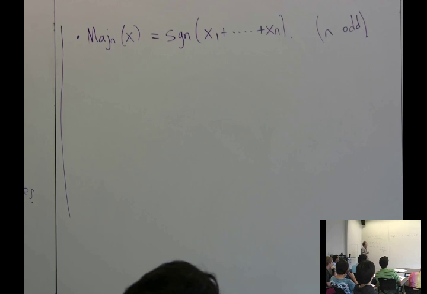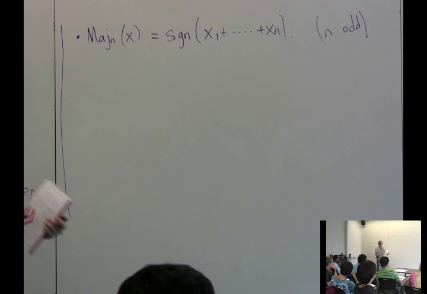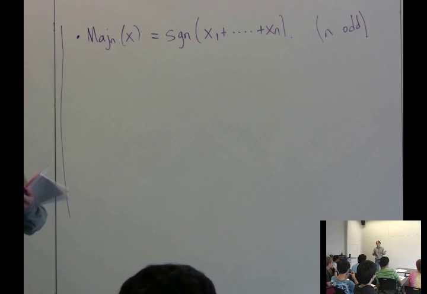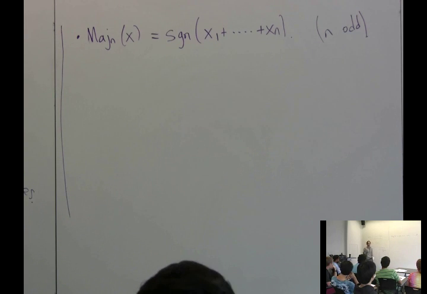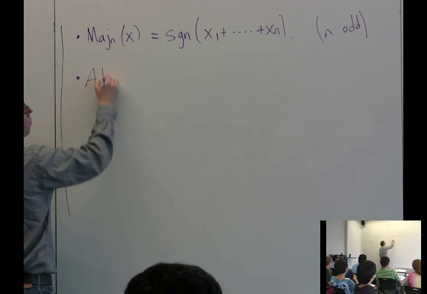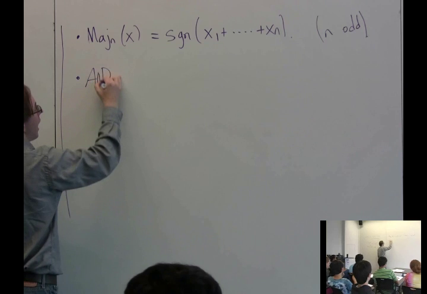But not only do other systems get used in practice, it would also be natural to use other systems sometimes. For example, if you're having a committee decide on something, sometimes it's important that you only pass a resolution if everybody agrees, if it's unanimous. That would correspond to another very popular Boolean function, the AND function.